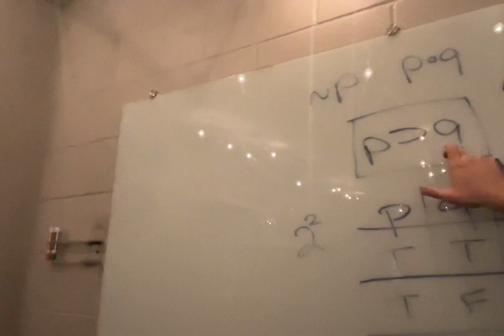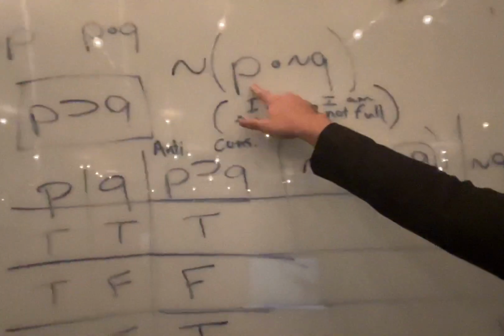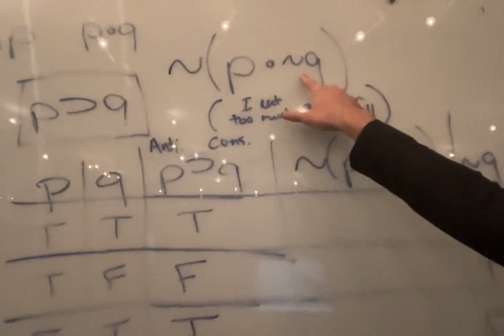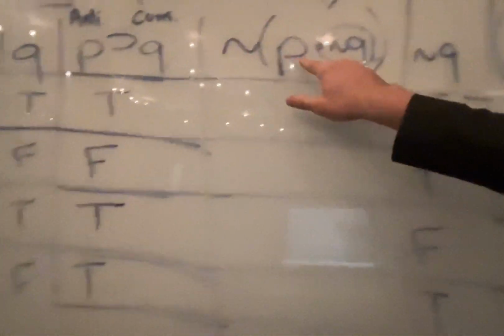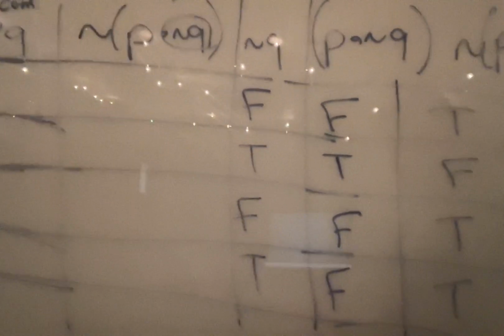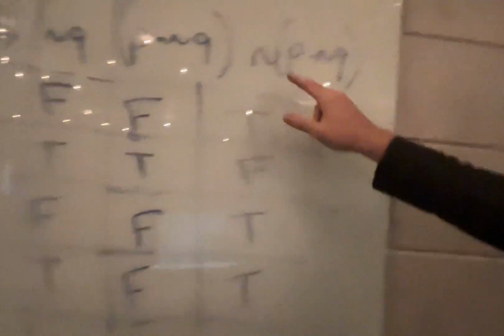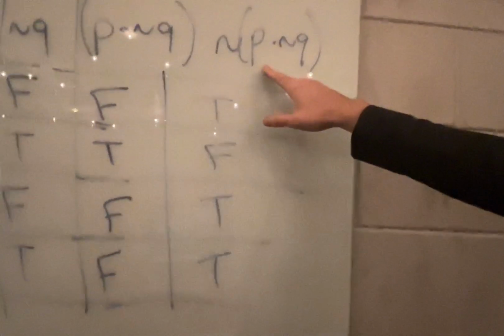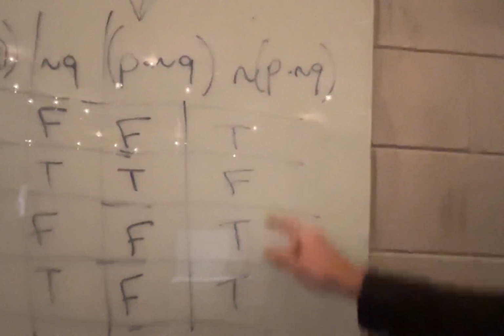How did we get that? Well, we recognize that when I say if P then Q, I'm actually saying it is not the case that P and not Q will both be true. And when I diagram not P and not Q, I first start with not Q. I then figure out P and not Q. And then finally, I can figure out not P and not Q, where the first not is outside the parentheses.